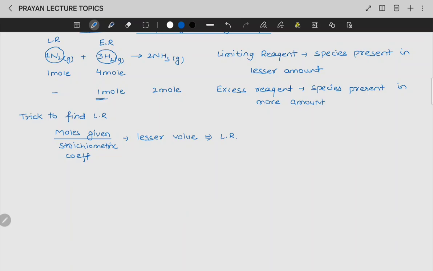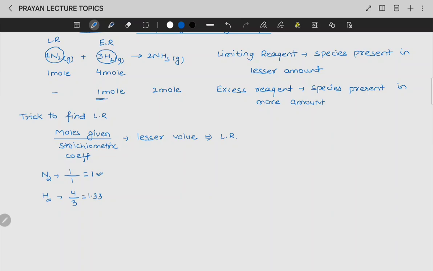For example, in this case we have 1 mole of N2 given and the coefficient is 1, so the ratio is 1. For H2, 4 moles of H2 are given and the stoichiometric coefficient is 3, so it is 1.33. We can see N2 has the lesser value, so it will be our limiting reagent.